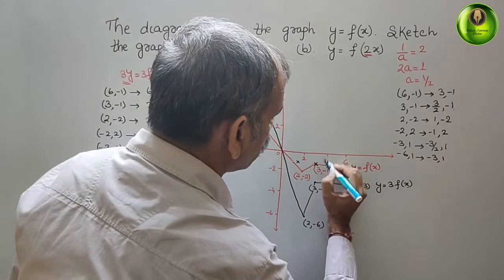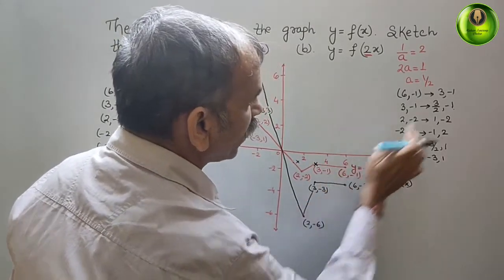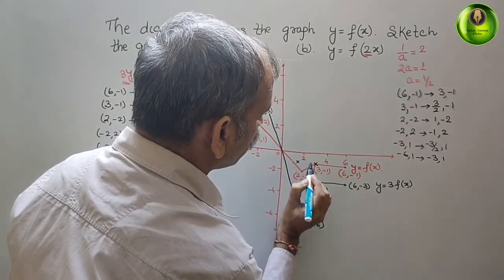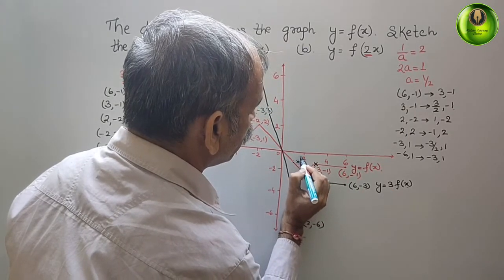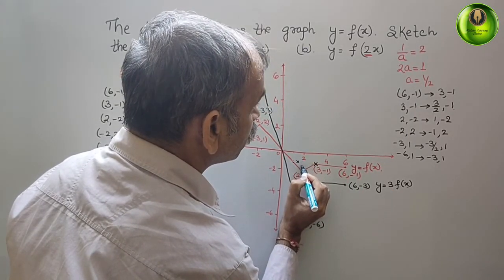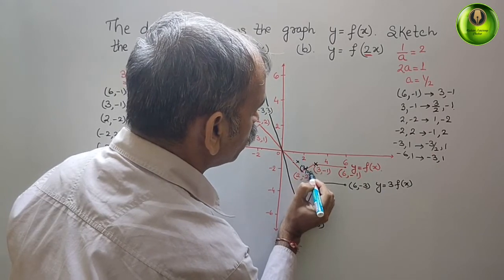So this is your same value, 3 comma minus 1. Next comes 3 by 2 comma minus 1.